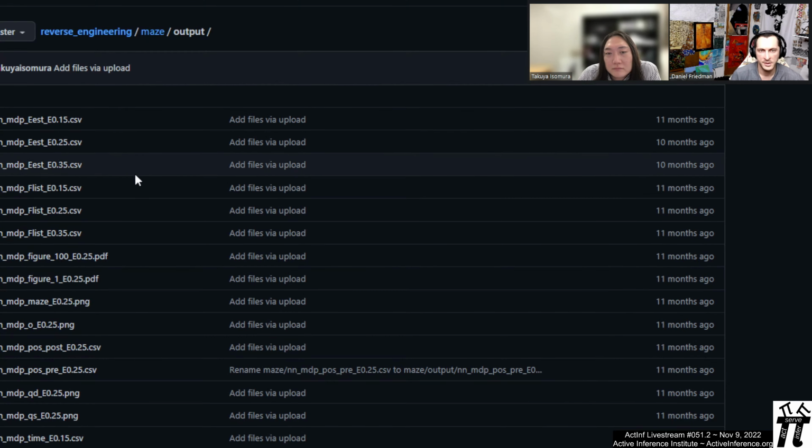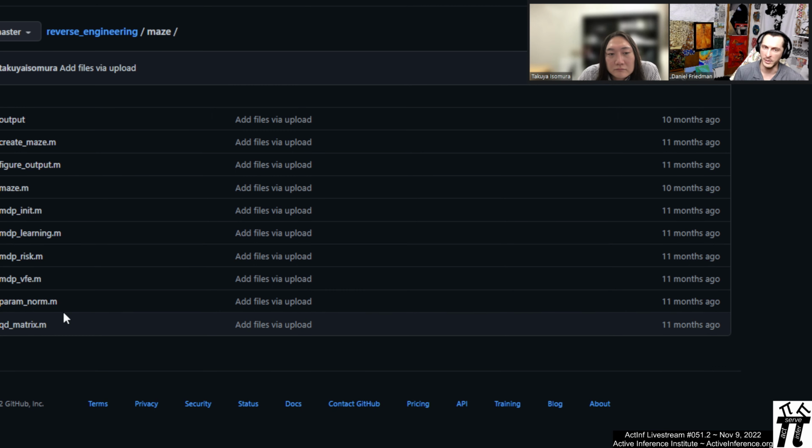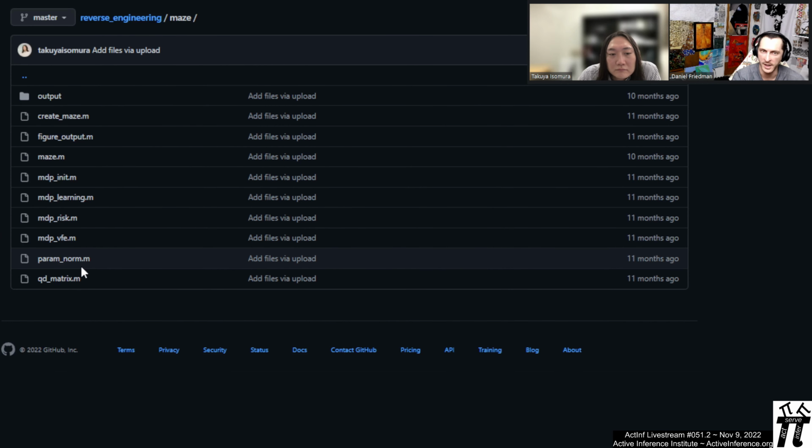And this simulation, is it a POMDP or is it a neural network? And what scripts might we look at to understand the structure of the maze agent? Okay. It is basically expressed using the quantities in POMDP for tractability. But for example, if you see the MDP, well, this is a maze task.